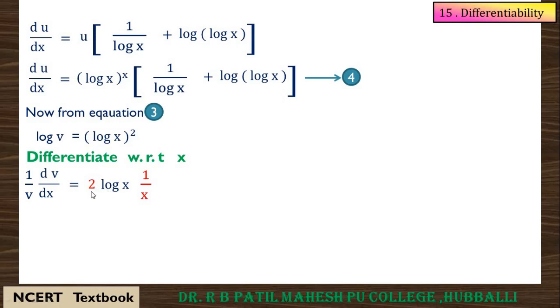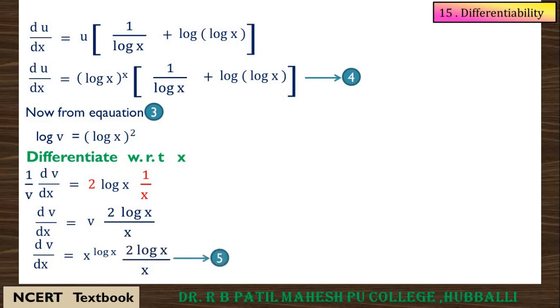Like that we write 2 into the function and after that the function derivative. So dv by dx, transferring to the right side, is v into 2 log x divided by x. Next is the substitution of v. It is x raised to log x and 2 log x divided by x as it is. So this is equation 5.